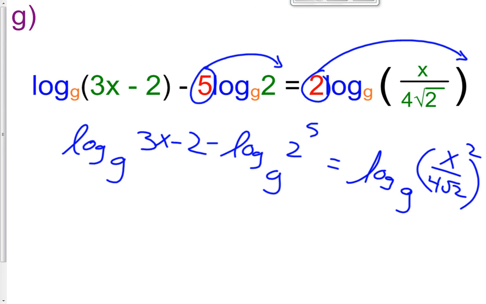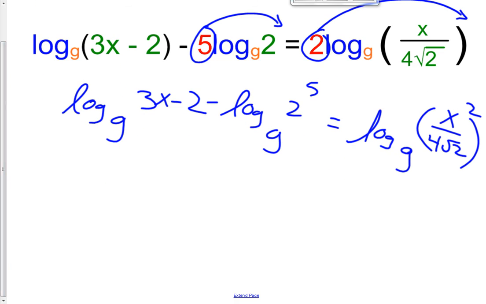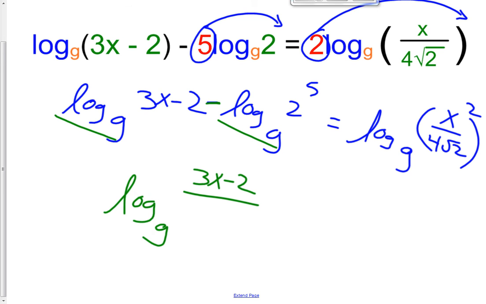Whew! We got a mess, don't we? Let's clean up this mess a little bit. We can use another property, being that we have a subtraction sign right here. We're subtracting their logs, and they have the same log base g. So I can condense this log equation to make the log base g of 3x minus 2 divided by 2 to the 5th.